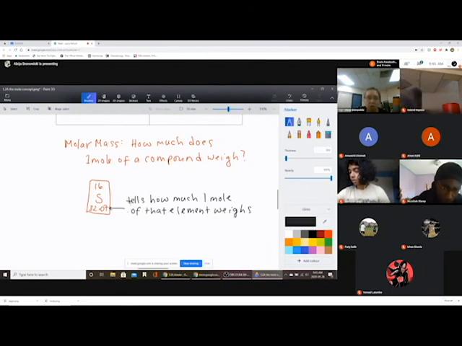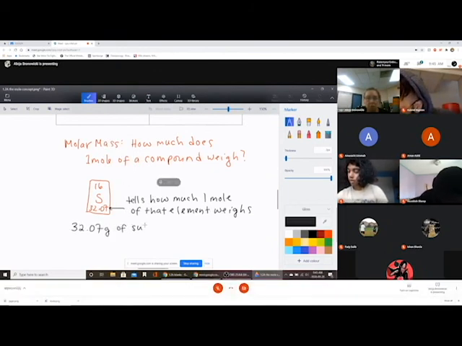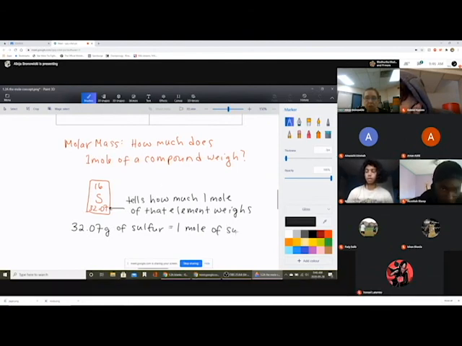So if I was to weigh out 32.07 grams of sulfur, I would have 1 mole of sulfur. So 32.07 grams of sulfur is equal to 1 mole of sulfur.